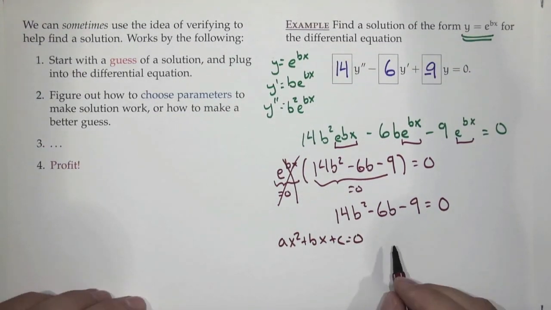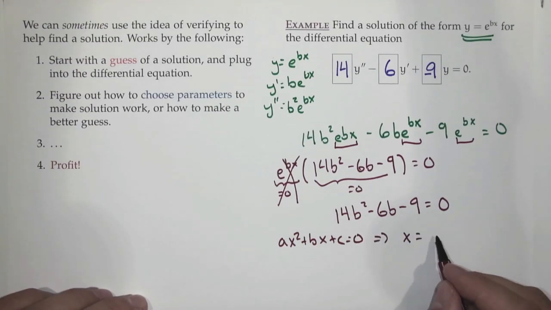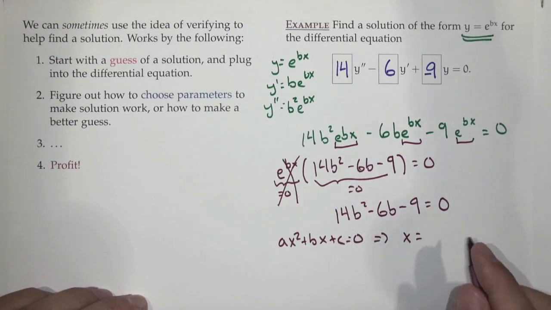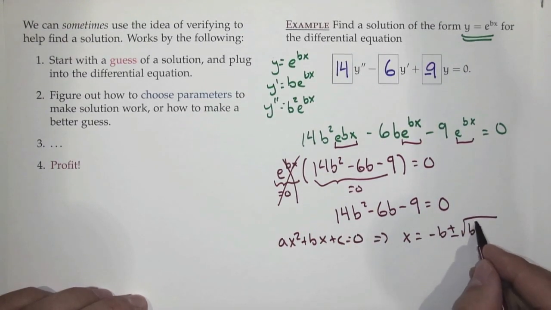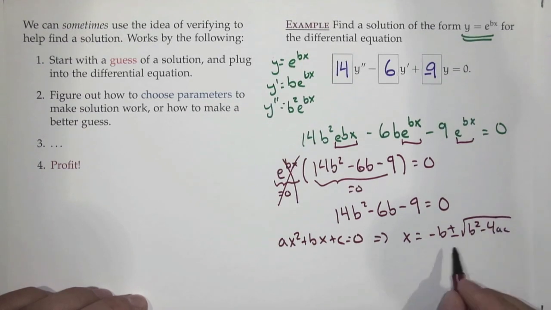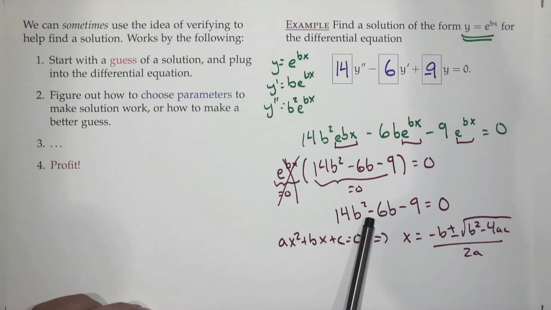Then you say, hey, that says x equals, man, I feel bad choosing b as our answer, but all right, negative b plus or minus the square root of b squared minus 4ac all over 2a. We'll use things like the quadratic formula a non-trivial amount of time this semester. Okay, so here we go. Once we figure out what the b's are, then we're home free.